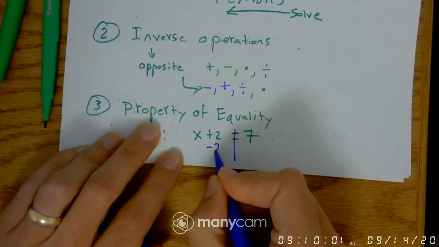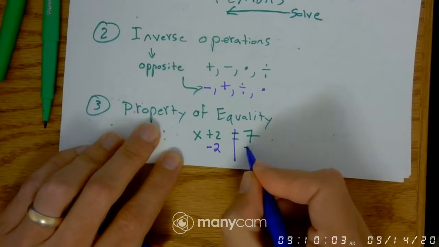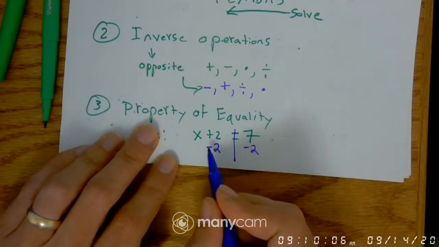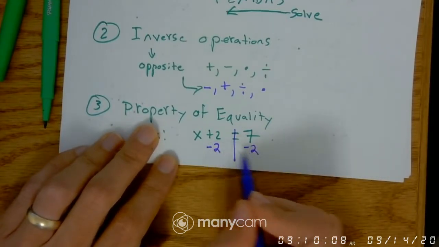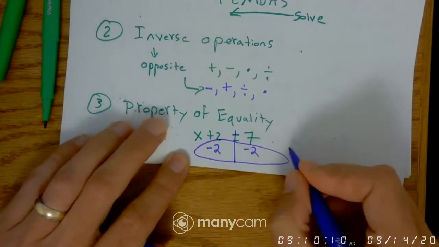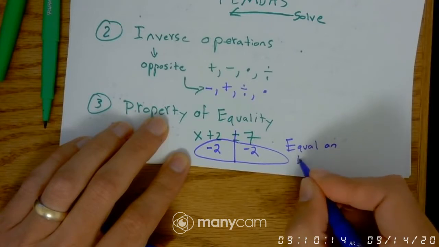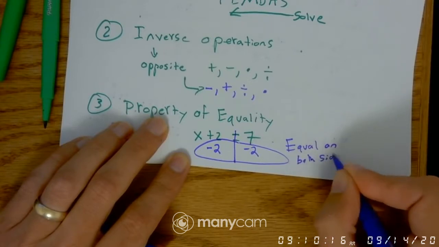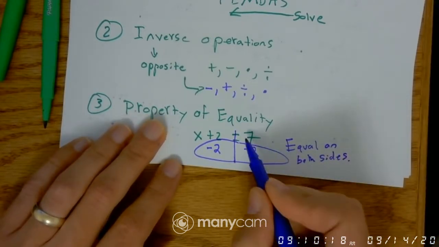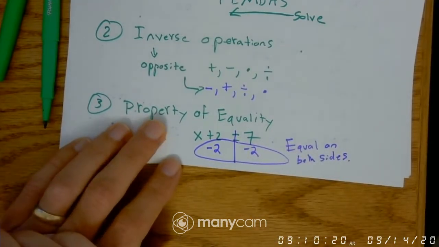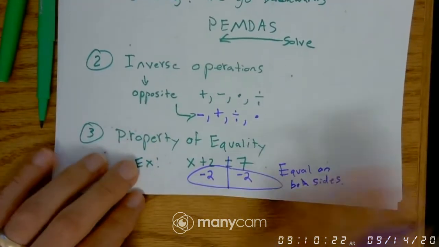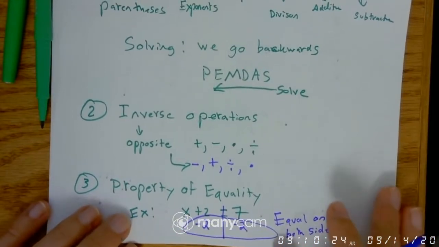So if I subtract 2 here, I also have to subtract 2 here. So it has to be equal on both sides. Because if it's not equal, then we no longer have an equation. Okay? So that's just a little recap of what we did last time.